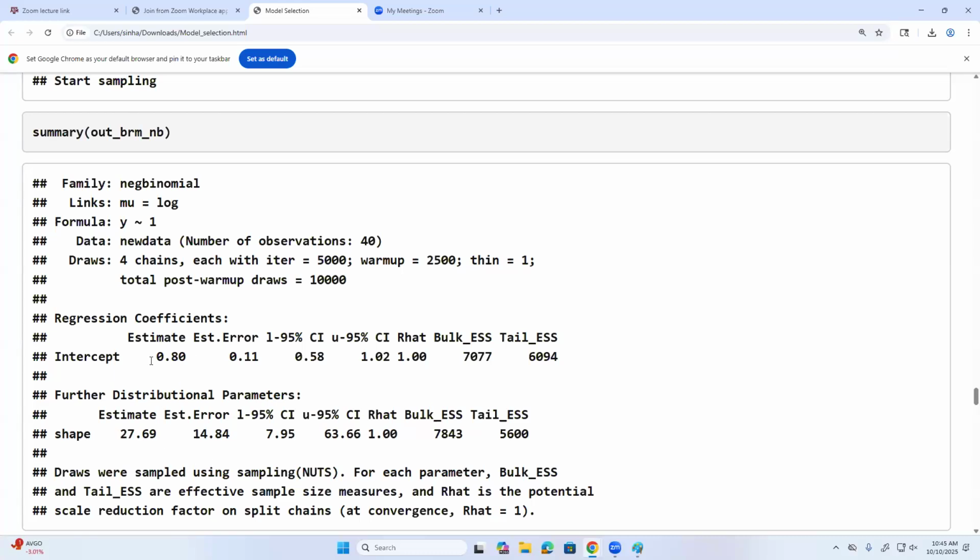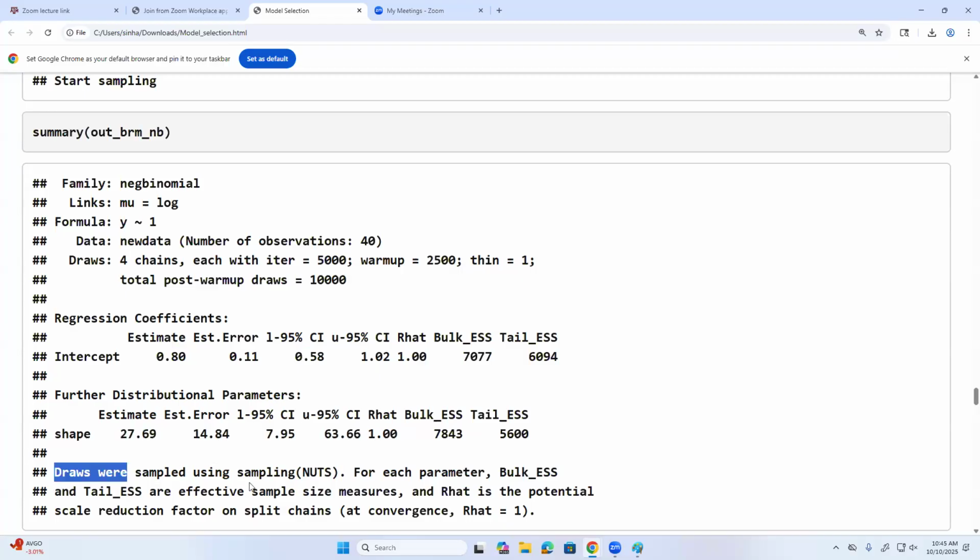Reasonable results for the intercept term, the results are unchanged, more or less. It was 0.59, now it is 0.58, but the upper limit is 1.02, no problem. But the shape parameter is now in a much more reasonable scale. And you can see the comments here.